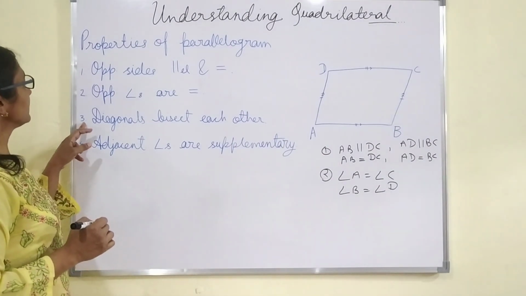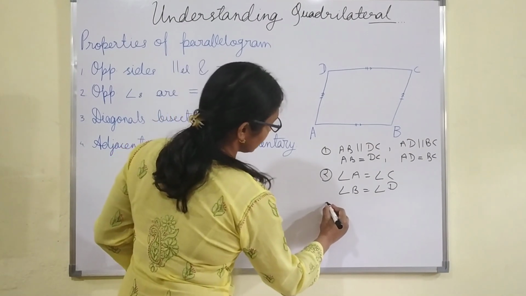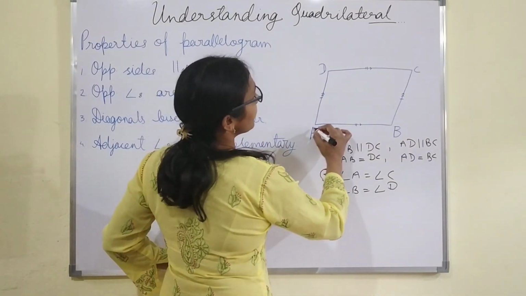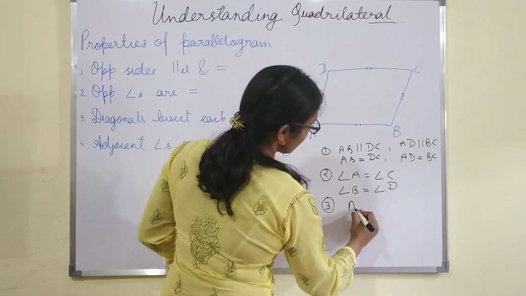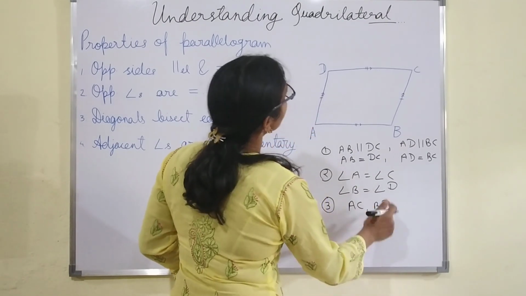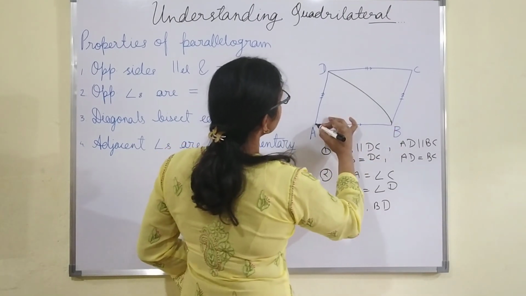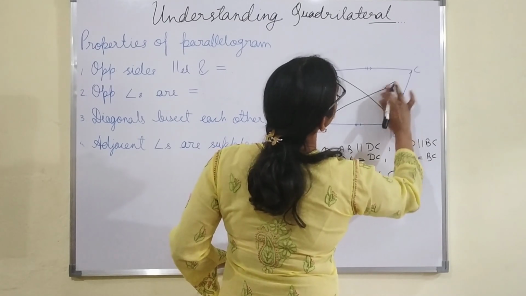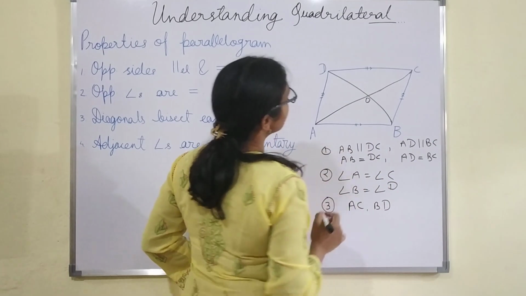Now third, diagonals bisect each other. Which is the diagonal? AC and BD are diagonals, and they bisect each other.